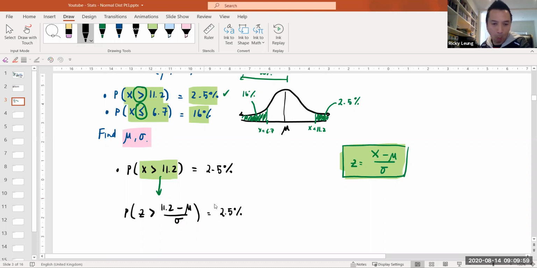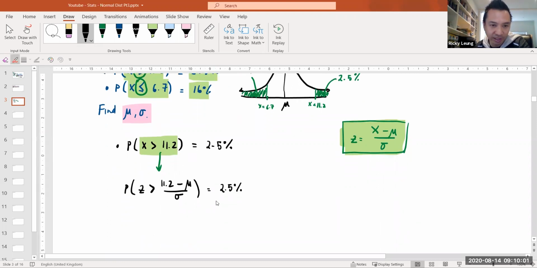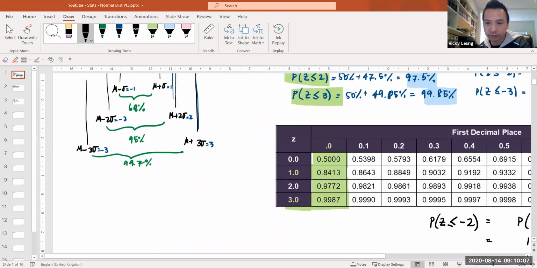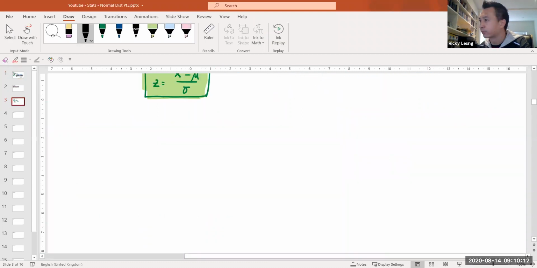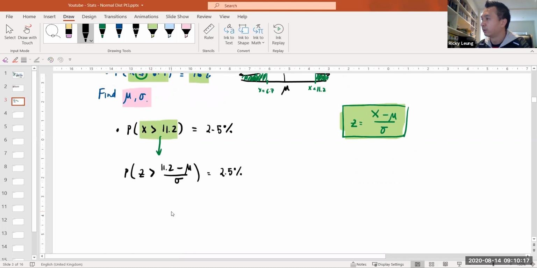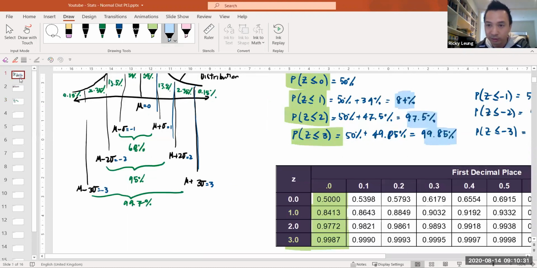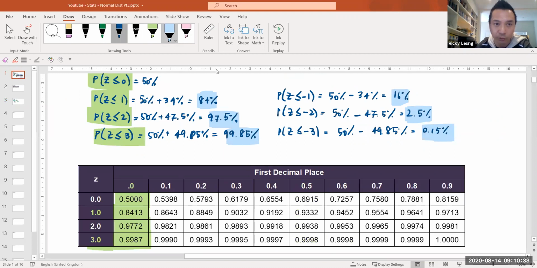Now, remember I said that when it's greater than, if I flick back, greater than is the same as 1 minus. So the greater than there is 2.5%. Now, 2.5 in this question is not a coincidence. 2.5% is a nice number given to us, and we've seen that before, and you can see it over here, there's a 2.5% there.